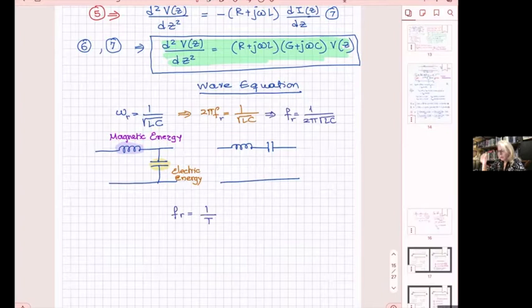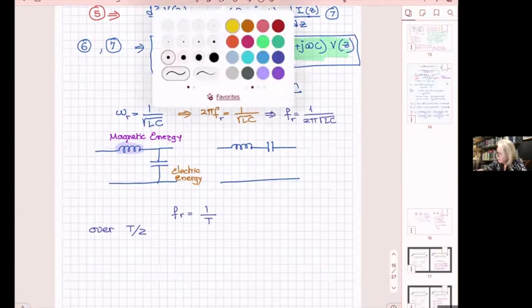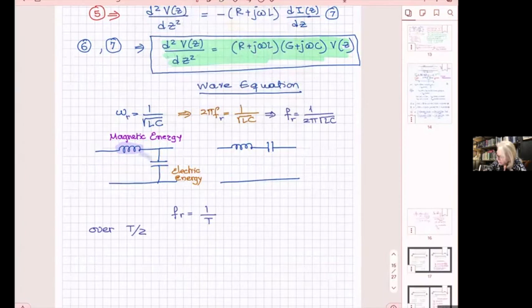Okay, so over half of the period, T over 2, if we put all of our energy into the inductor as magnetic energy, then all of the magnetic energy from the inductor will transfer to the capacitor and turn into electric energy.